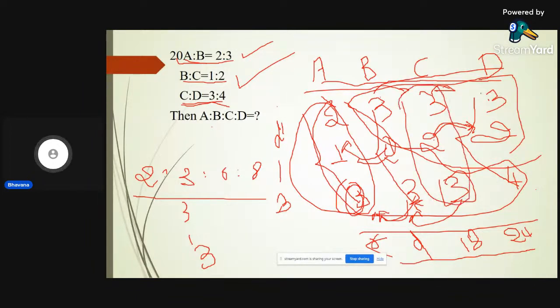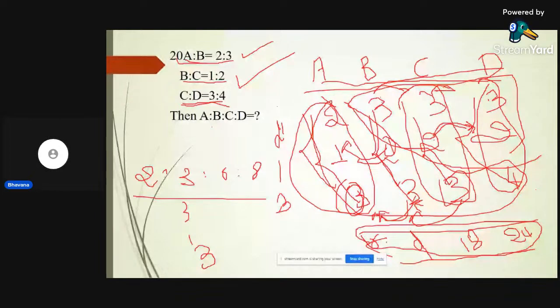In the D values, 3, 2, 4. So just multiply all these values in A, B, C. So you will get the answer. Of all the multiplication, we will get one value, right? So that is the value of A, B, C.